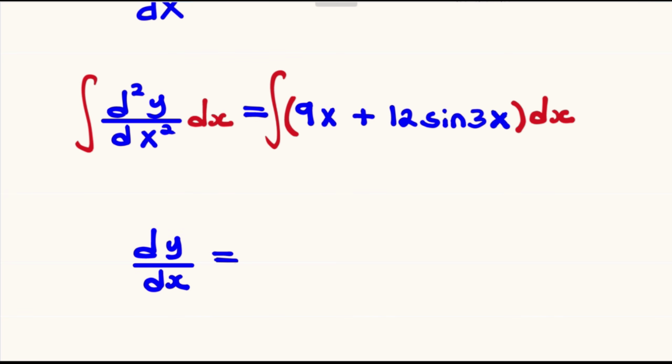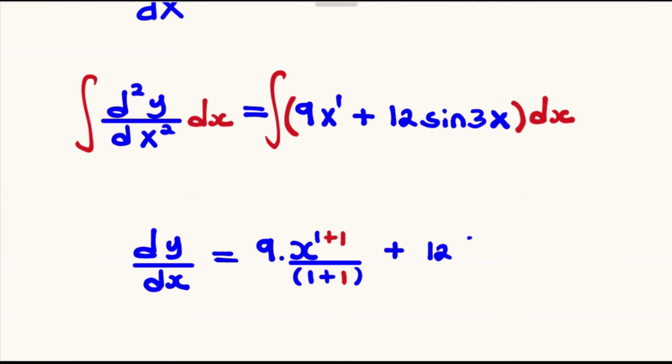And on the right hand side, the integral of 9x will be 9 multiplied by x. We add 1 to the exponent of the x. You already had that 1. So we add 1 to the exponent of the x. We divide through by the new exponent, the 1 plus 1, plus 12 multiplied by the integral of sin 3x.